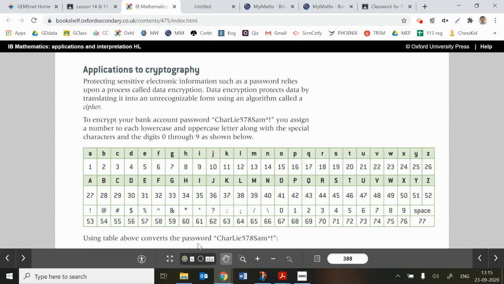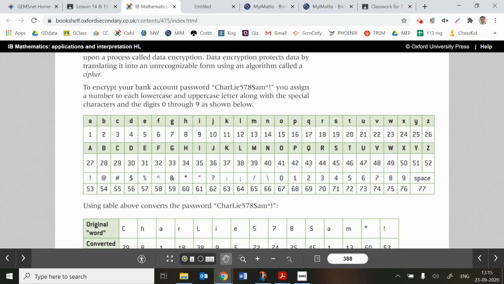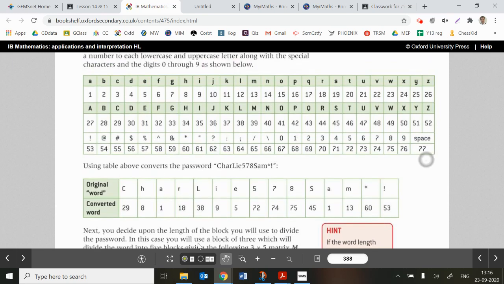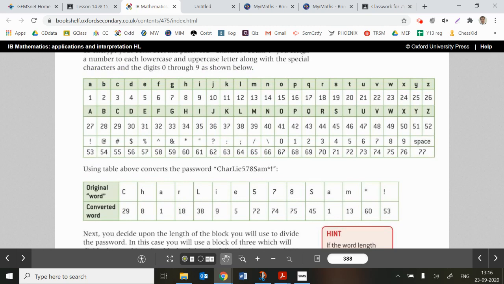Okay, and so then we've got a whole load of numbers which are associated with our symbols. And so we're saying, well, the original password can be changed into those numerical numbers just using the code table, which is above.